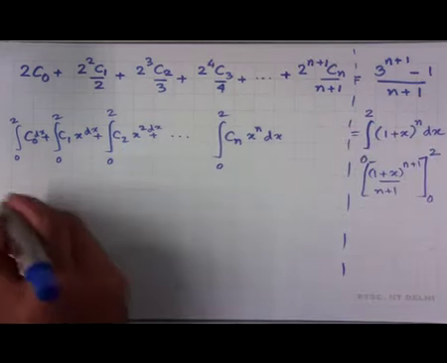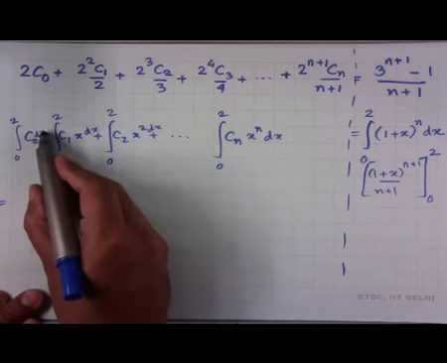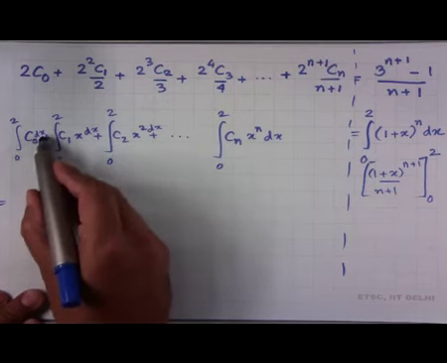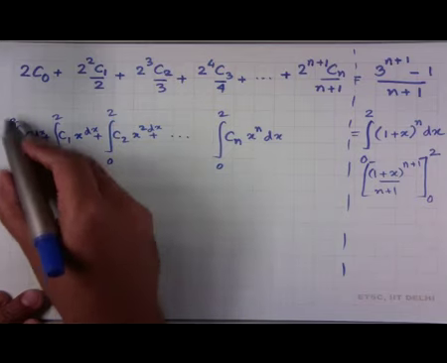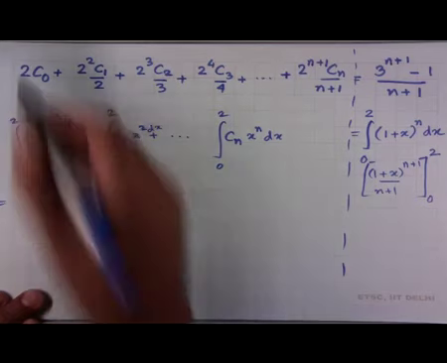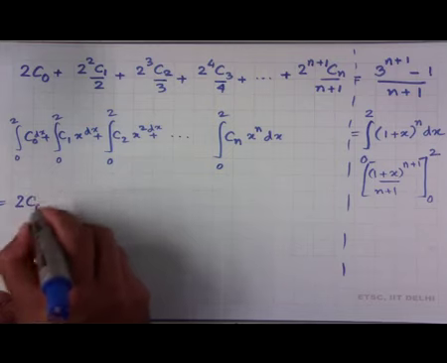Okay. And what is that going to give you? C0 dx is C0 times x, use the limits 2 and 0, you get 2c0.